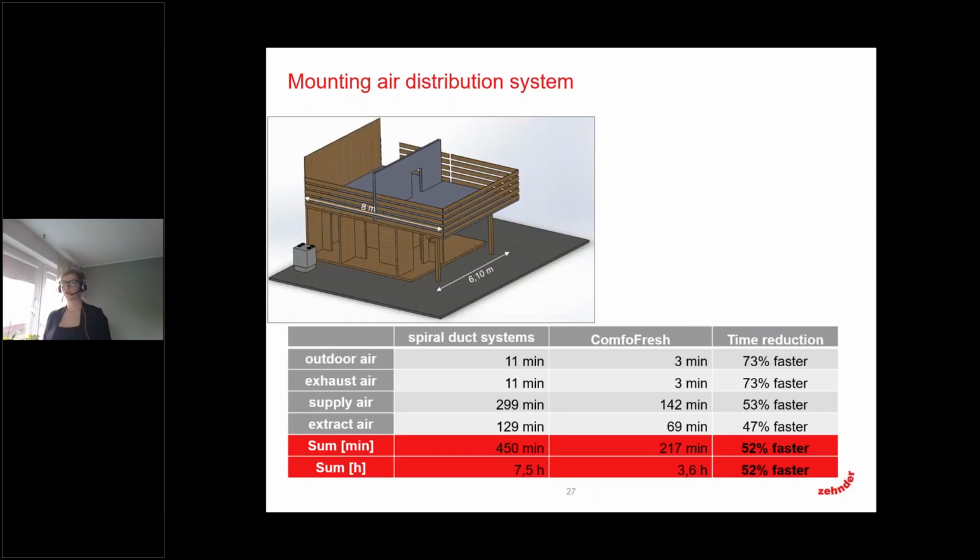A very quick overview of one sample mounting air distribution system solution where it was a small mock-up building where the metal duct ventilation system was installed, and also the plastic air distribution system was installed, where we had the supply and extract air locations or valve locations in the same places, and also the unit and the outside and exhaust air ducts.